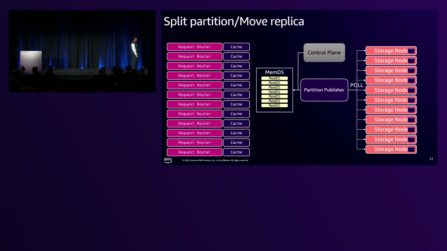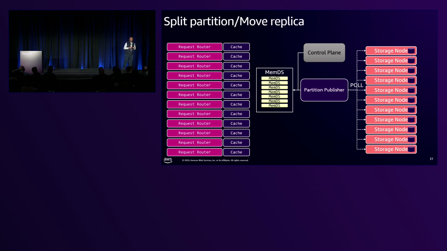A storage node decides it wants to do a partition split, or, again, building at scale is hard. We've got tens of thousands of storage nodes. If you created a table in DynamoDB at, say, the beginning of this year, 2024, there is a very good chance that the partitions for that table are not on the same storage nodes where they started off.